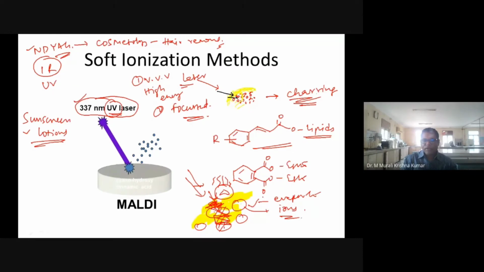They will get ionized, and because of heat they will evaporate. So though a little destruction happens over here, in the nearby environment the compounds will evaporate and ionization is also possible. This is the simple logic behind the matrix assisted laser desorption ionization technique.